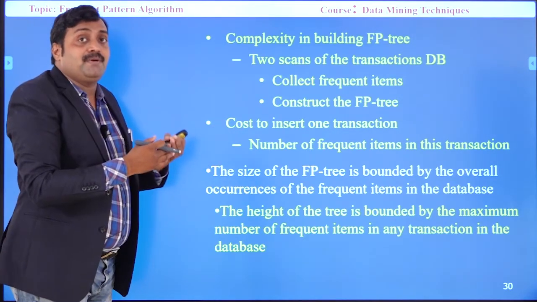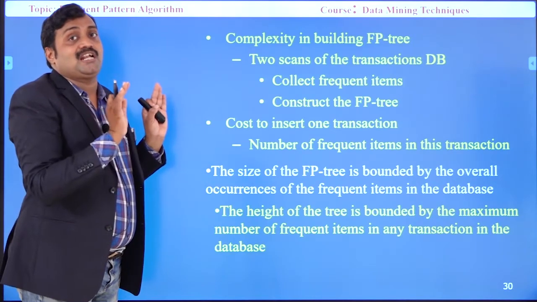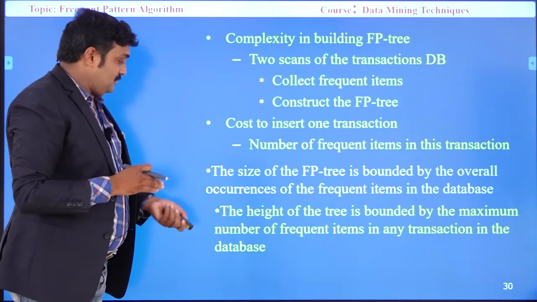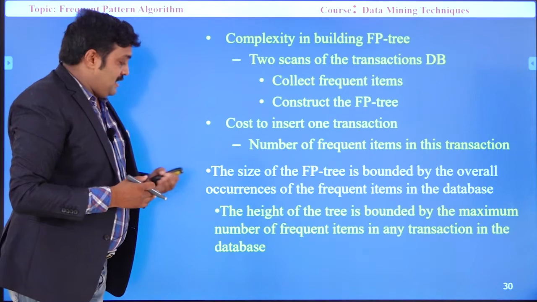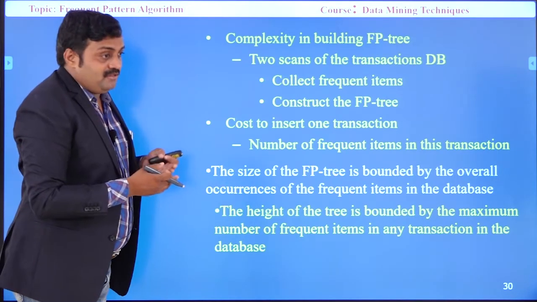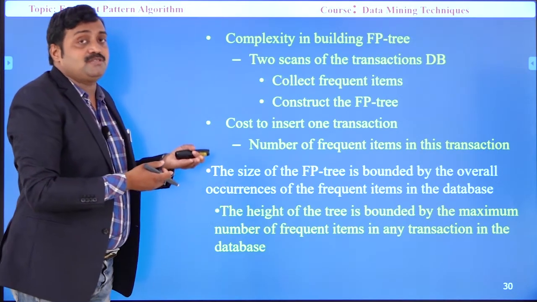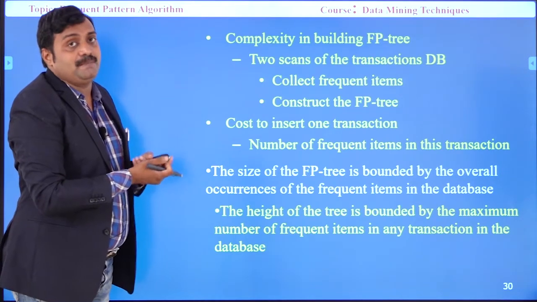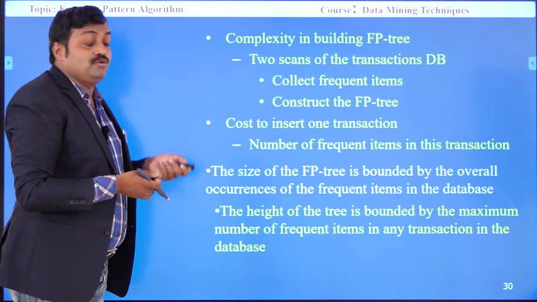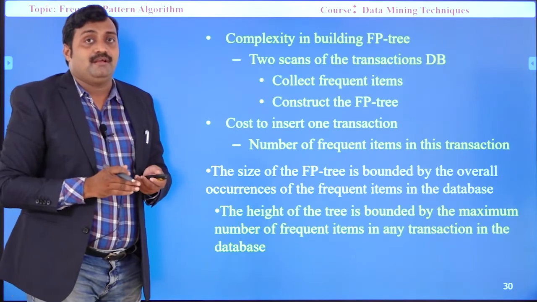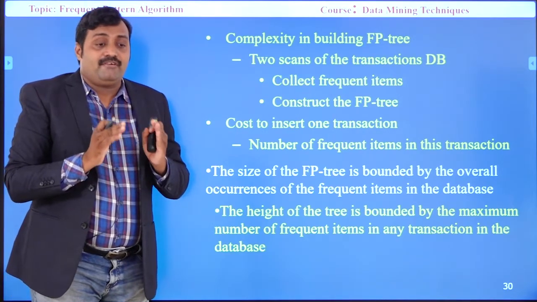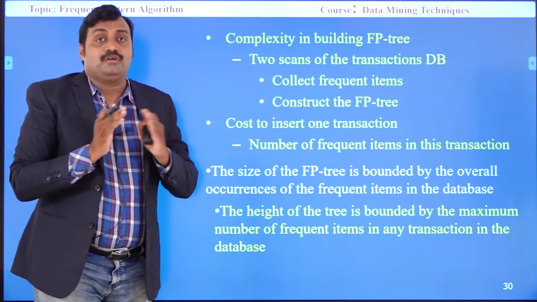It is bounded depending upon the number of items in your transaction database. The height is also the same, the maximum number of frequent items. The height of the tree also depends upon the frequent items. This is the way how we do the construction of the FP tree. Okay. This is what frequent pattern tree or FP growth is.